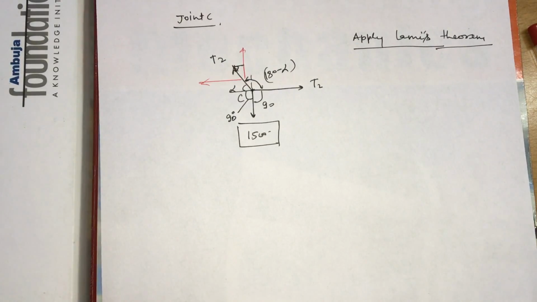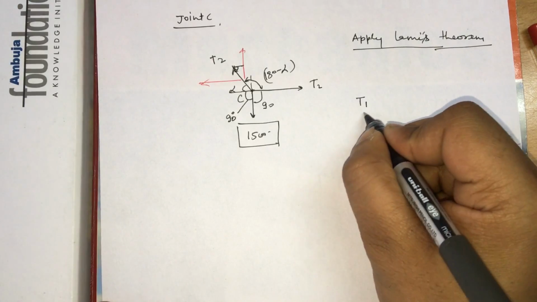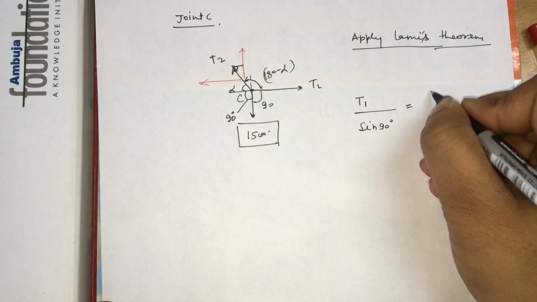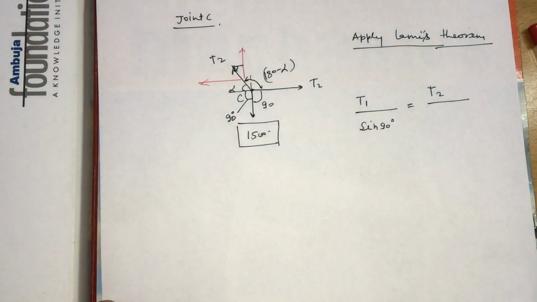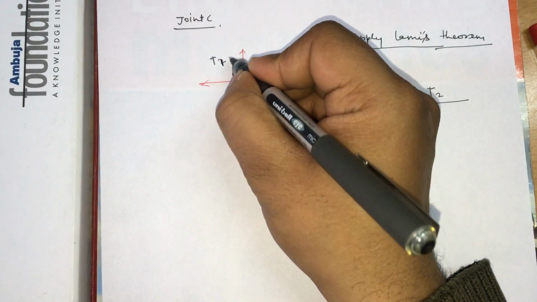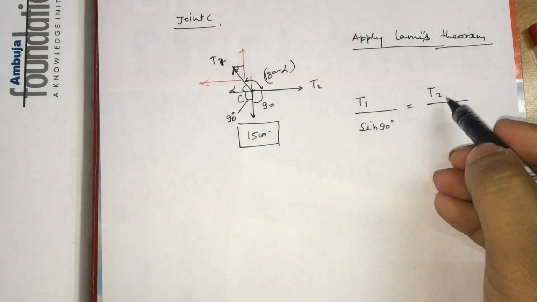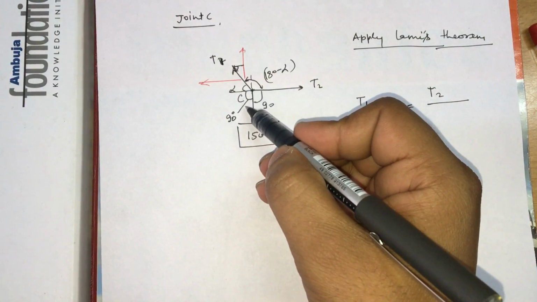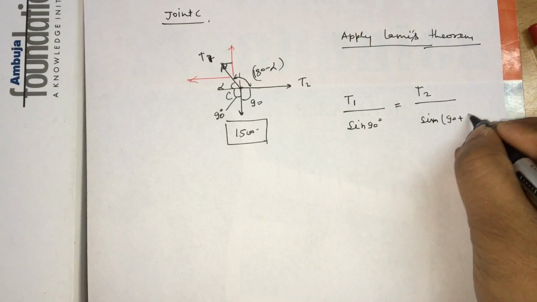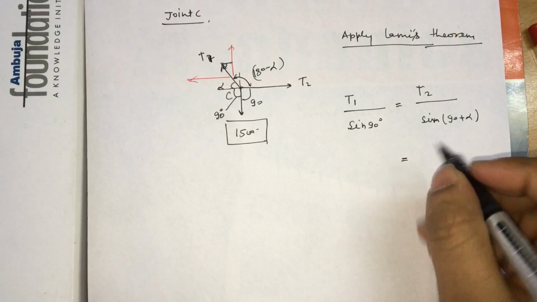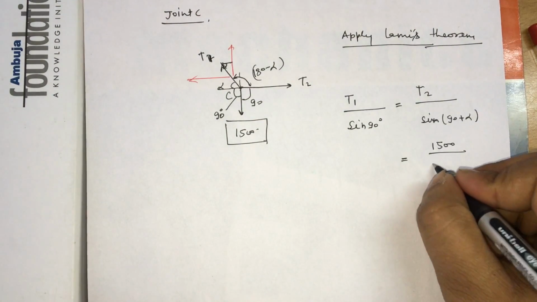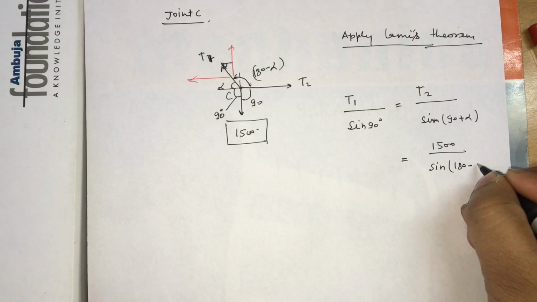I write here as T1 divided by sin 90 is equal to T2, this is actually the T2 force, this is the T1, divided by sin of 90 plus alpha, then T3, so T3 here is 1500 divided by sin of 180 minus alpha.